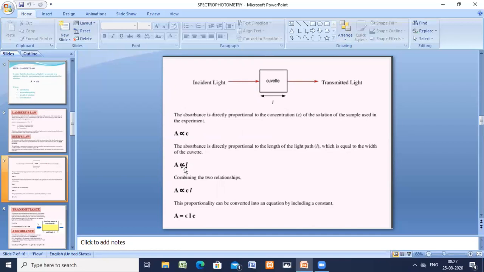A is proportional to L, Lambert's law. Absorbance, concentration, length. On combining the two relations, you get A is proportional to C into L. So the proportionality is taken out and converted into an equation including the constant, molar absorptivity: A is equal to epsilon L into C.